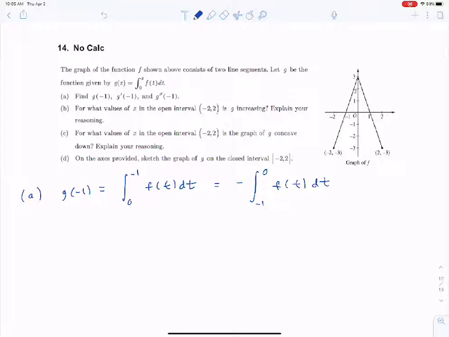And then in order to evaluate this, I'm just going to find the area underneath the triangle that I've just colored in. Okay? Before I actually do the math, are there follow-ups on the process?